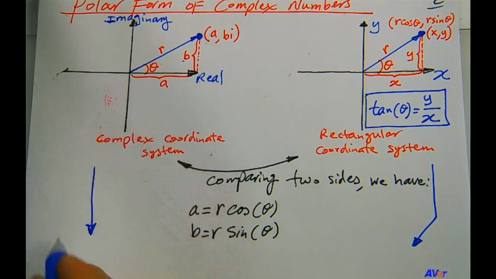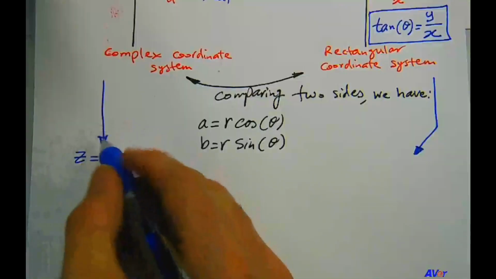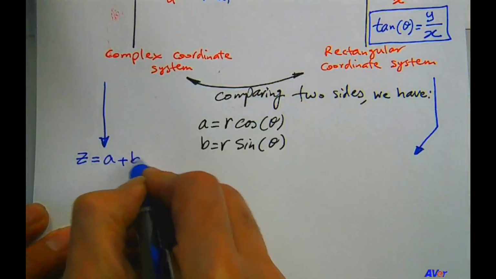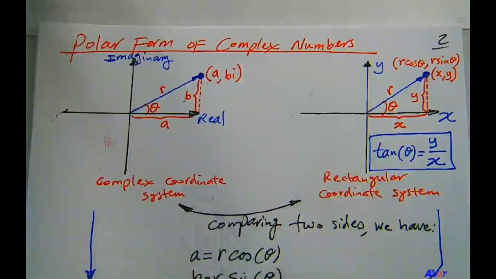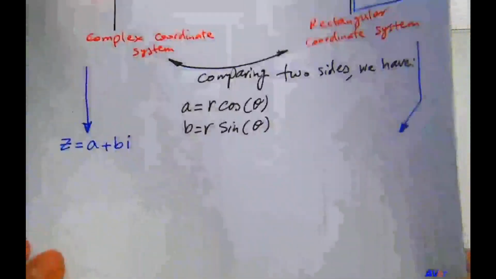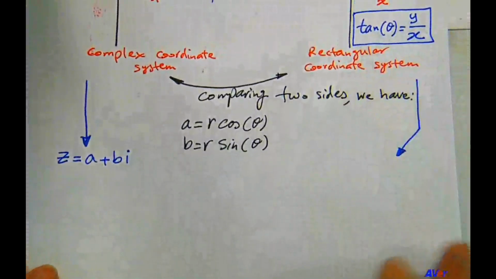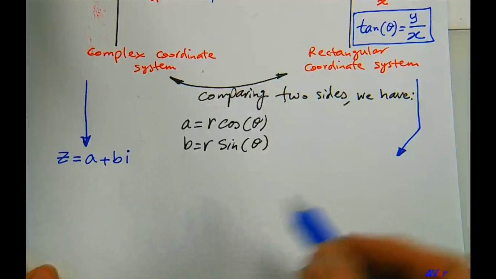On this side, we know that the complex number could be written as Z equals A plus BI, right? We know that about complex numbers.